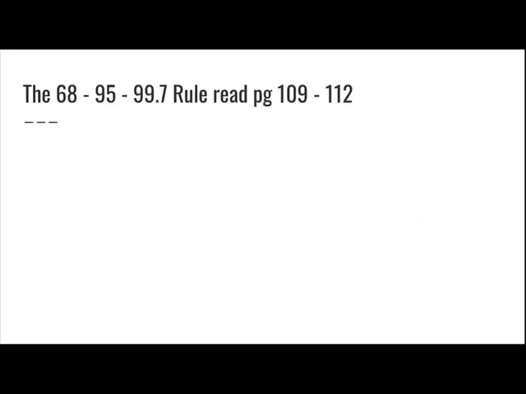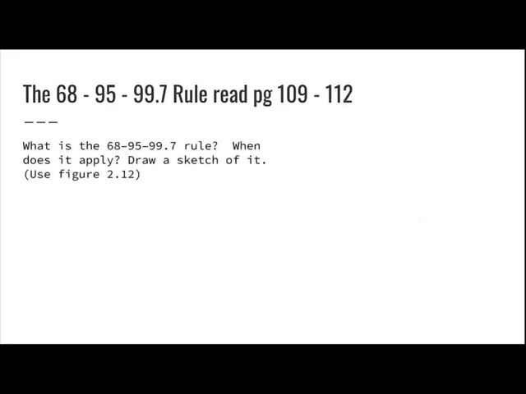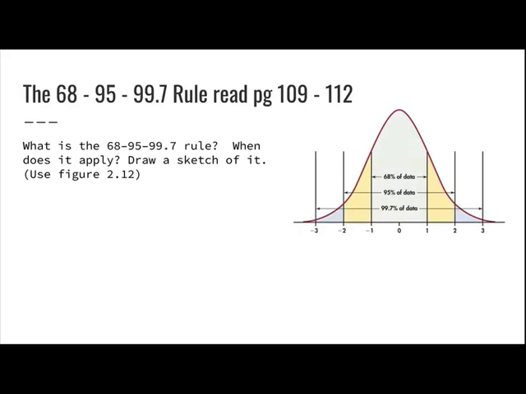Take a second to read pages 109 through 112 about the 68, 95, and 99.7 rule. What is this rule? When does it apply? And draw a sketch of it. So basically, this is the figure from your book. Essentially, for the first two standard deviations from the mean, that's 68% of our data.